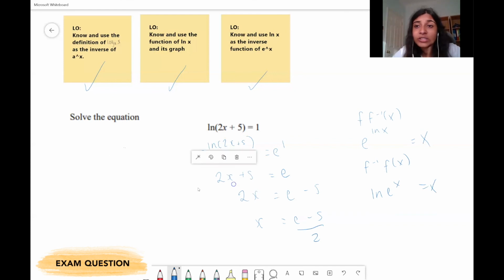So here we just did e to the ln of 2x plus 5, so that would cancel out to whatever x term you have. So that's just 2x plus 5. And remember, whatever you do to one side, you have to do to the other side. So then we raised e to the power of 1, and then we just rearranged it, and we got our answer for x.